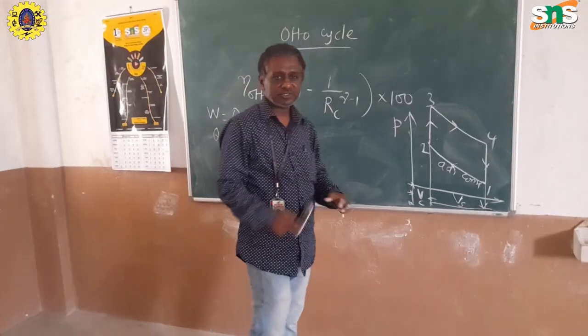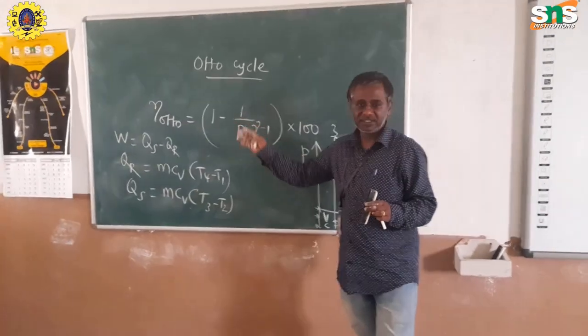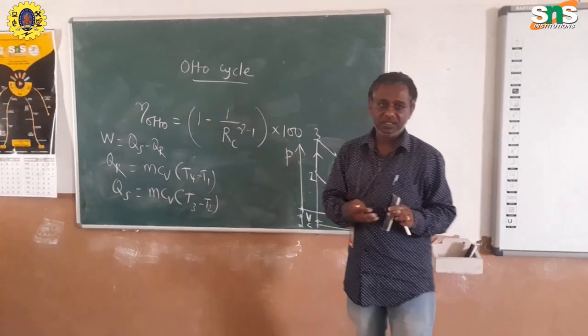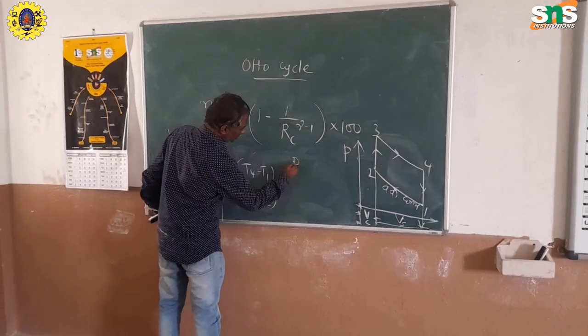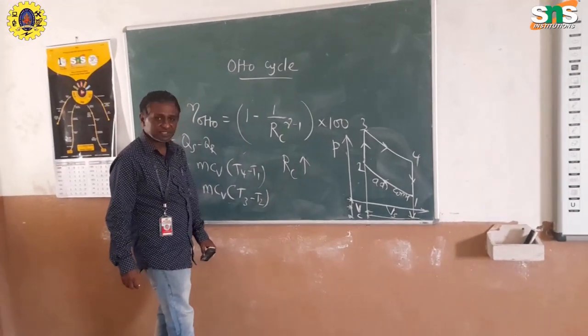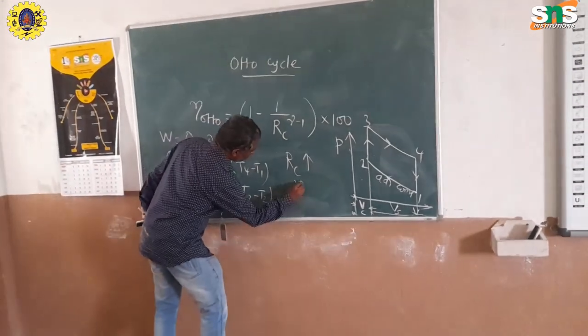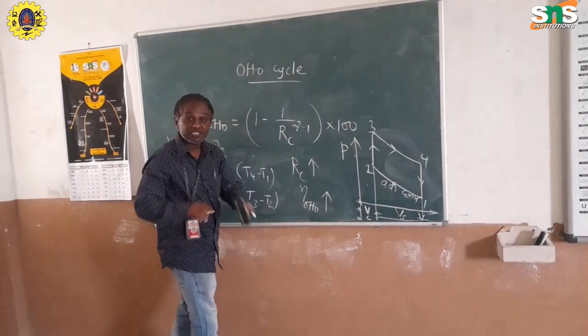Compression ratio is the parameter that determines whether the efficiency is higher or lower. I will tell you: when the compression ratio is increasing, the efficiency of the Otto cycle also increases, and vice versa.